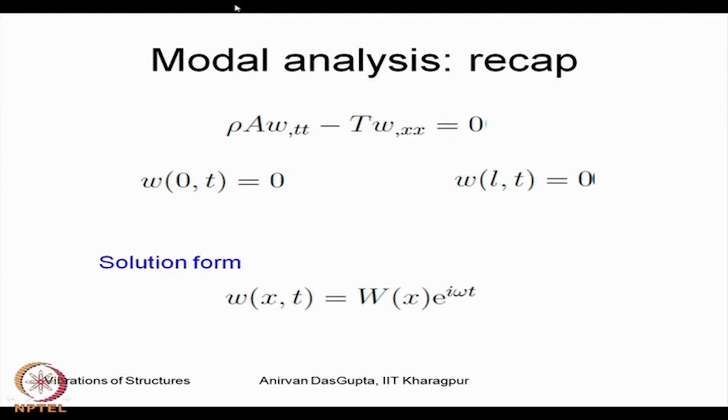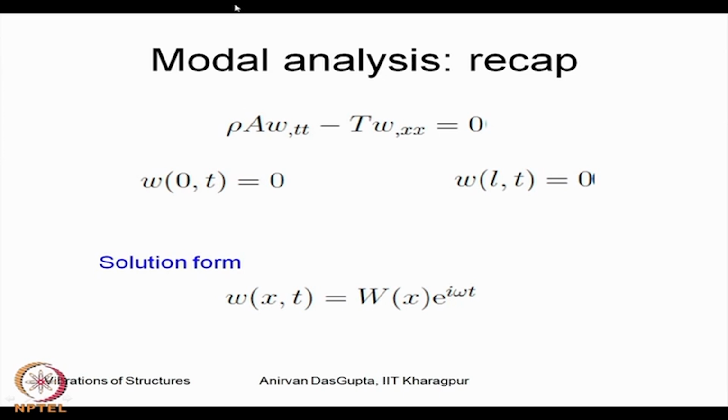We had a space dependent amplitude function multiplied by a harmonic function which is in the complex form, and we can take either the real part or the imaginary part or a combination of these two parts, as we have already discussed.